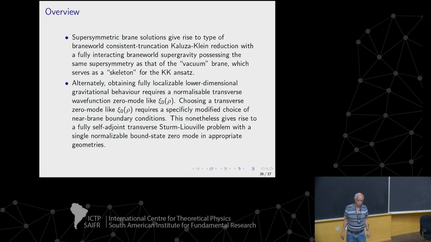It requires a normalizable transverse wave function 0 mode, like C0, and then that requires a specifically modified choice of near brane boundary conditions, this Robin boundary condition. This gives rise to a fully self-adjoint transverse Sturm-Liouville problem with a single normalizable bound state 0 mode in appropriate geometries, as we found in a number of examples. And that's basically what I wanted to tell you about.